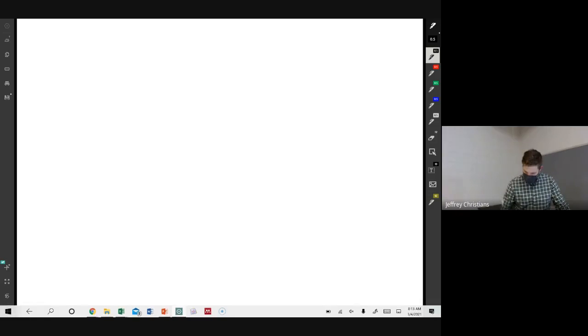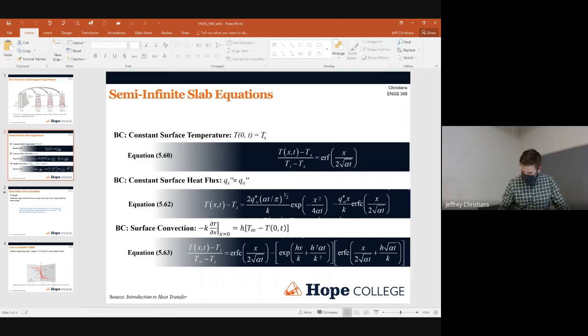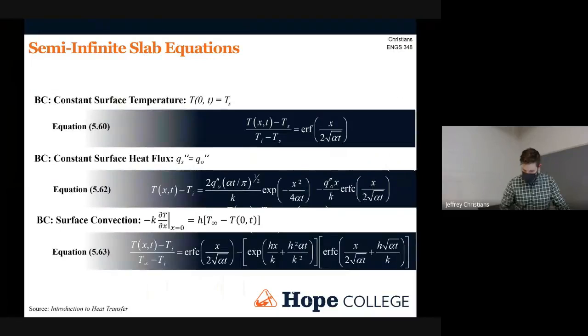In the meantime, I didn't pull up my notes. We are going to go back to a semi-infinite slab. We talked last time about boundary conditions.